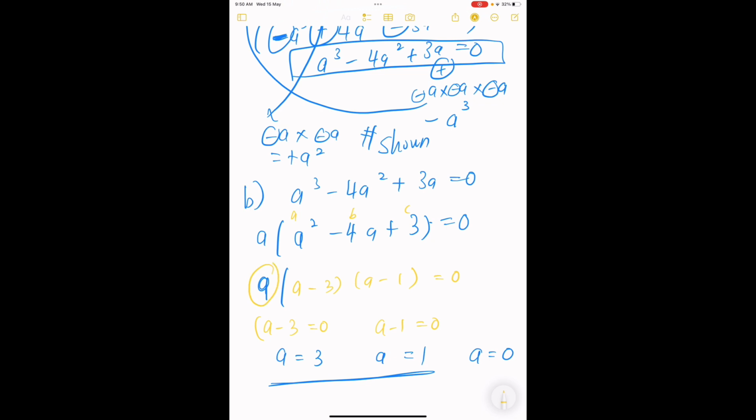But remember just now you factored out a, so this a is actually a equals 0. Because you already factored out one a outside. So these are the 3 possible values of a.